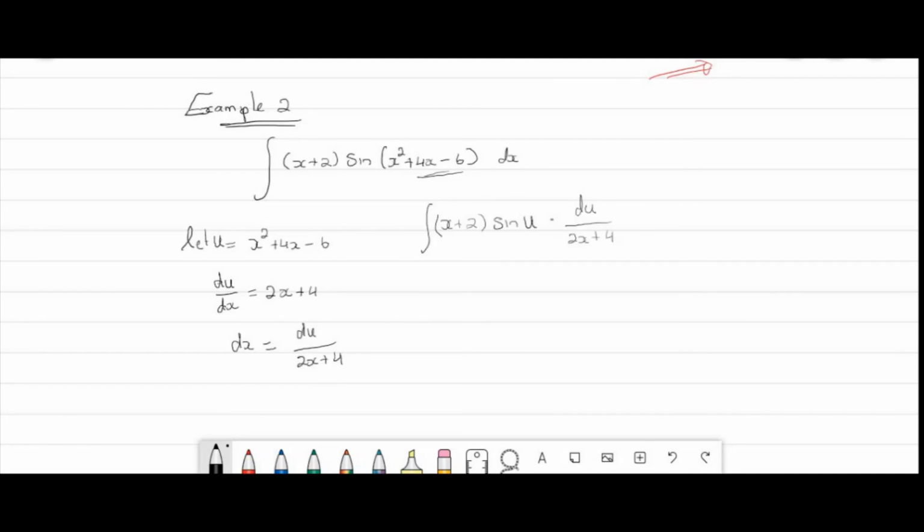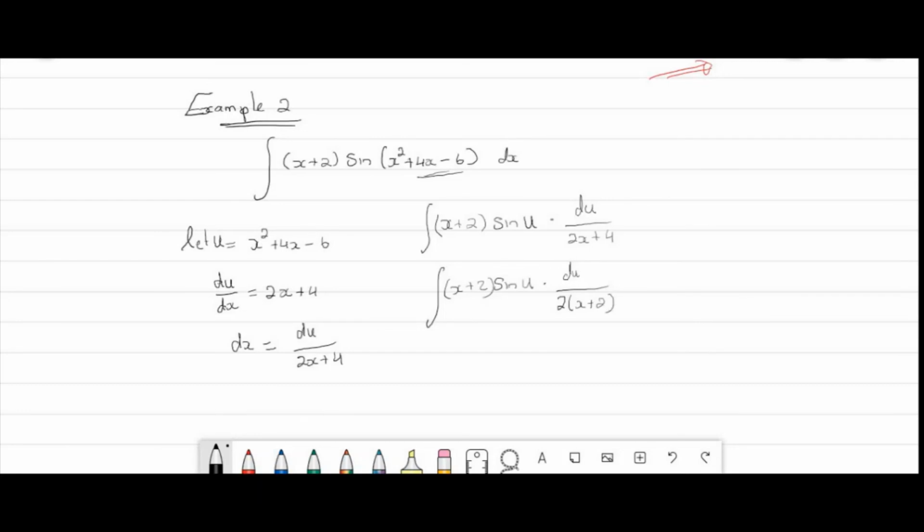So now, because I want to be left with u only, I'll say an integral of x plus 2 sine u multiplied by du over, if here I have a common factor of 2, that means I'll say 2 times x plus 2.